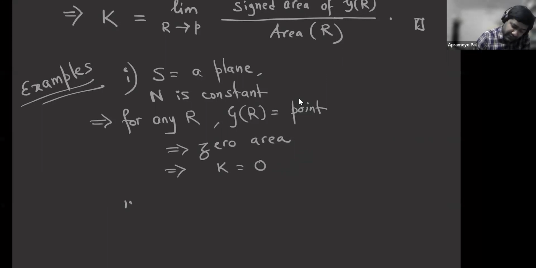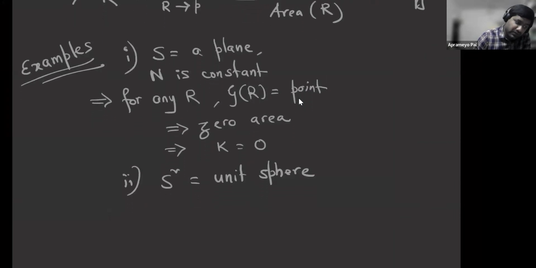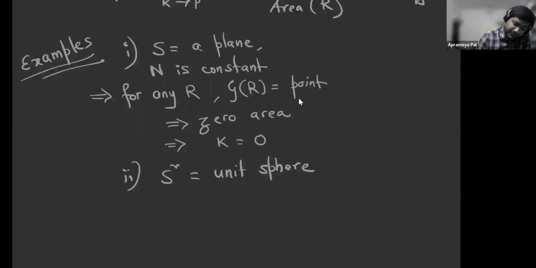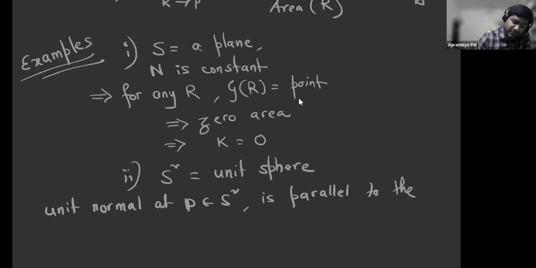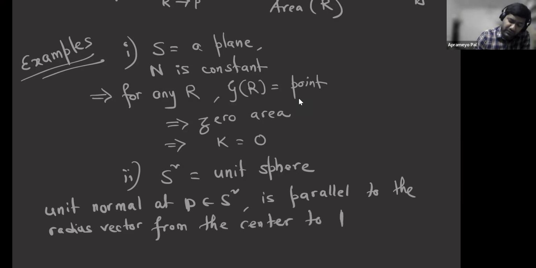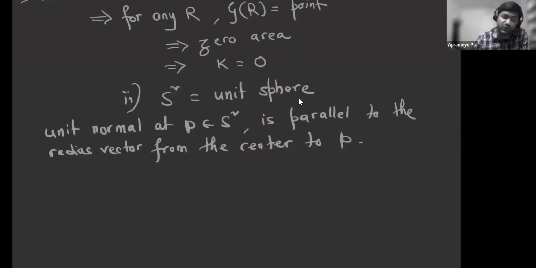And let's consider the unit sphere. Let S be the unit sphere. Here the unit normal at P in S2 is parallel to the radius vector from the center to P, just by definition of the unit normal.